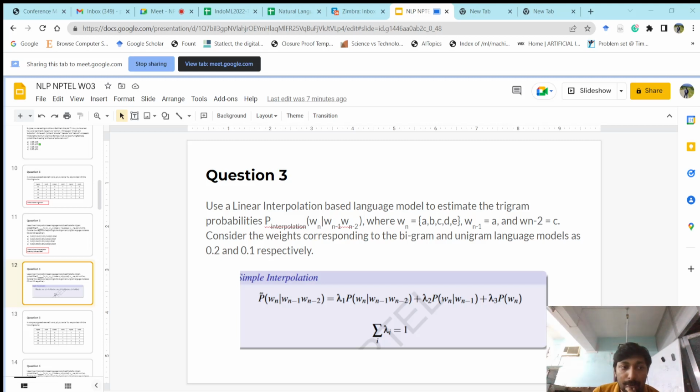Okay, so let us go forward. The basic idea here is that whenever you have less data, you try to use less context, or when you have not learned much about the larger context, then you use less context.